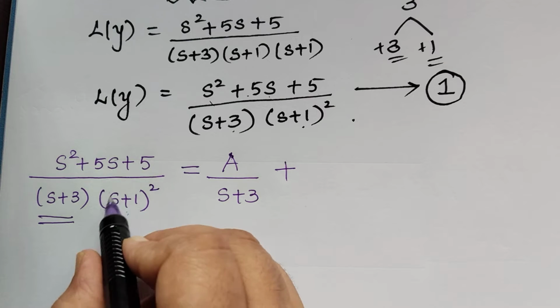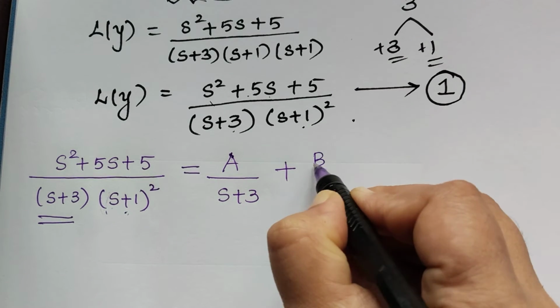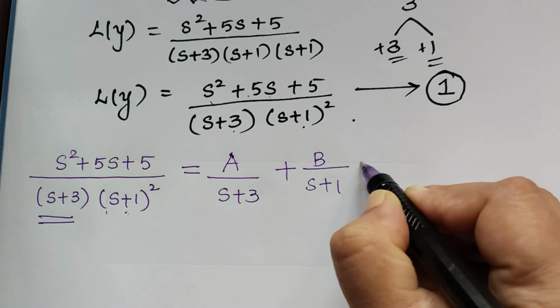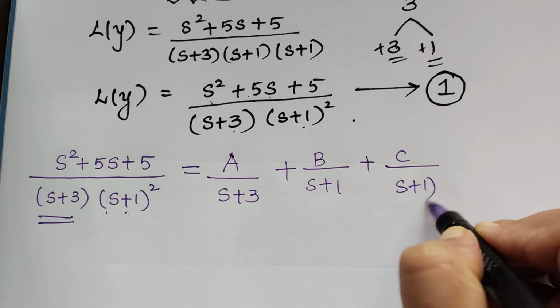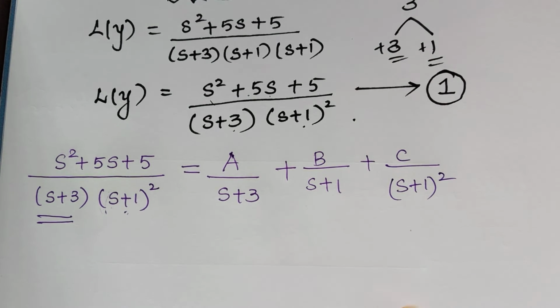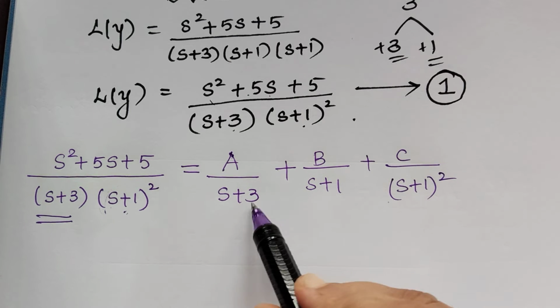Whenever you have a term with a square, first you should write the term as it is without the square, and then the third term you have to write with the square. This is the method of partial fraction, and it is by that method we have directly done it. So this is what we get.